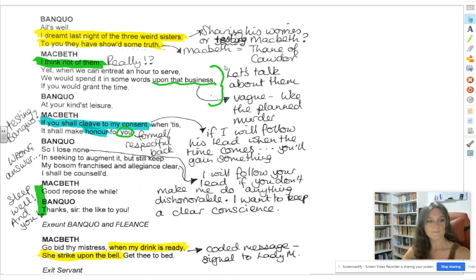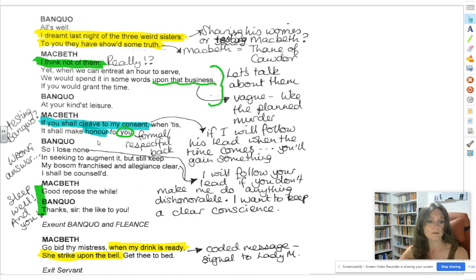And you can see there that Macbeth has also referred to Banquo as "you." So they're keeping up these levels of formality, which is really weird when they fought shoulder to shoulder against the Norwegians and against the Scottish rebels. And now all of a sudden they're being super formal to each other, using all these formal address terms and lots of "yous" rather than "thous."